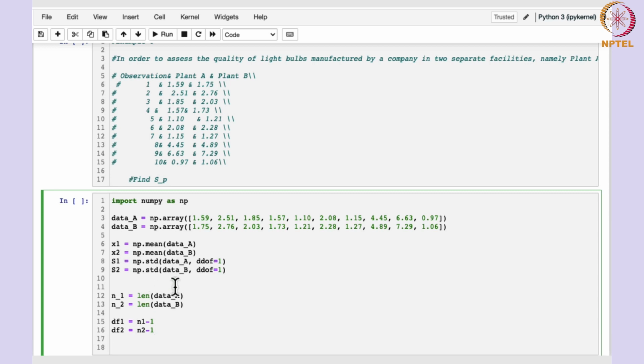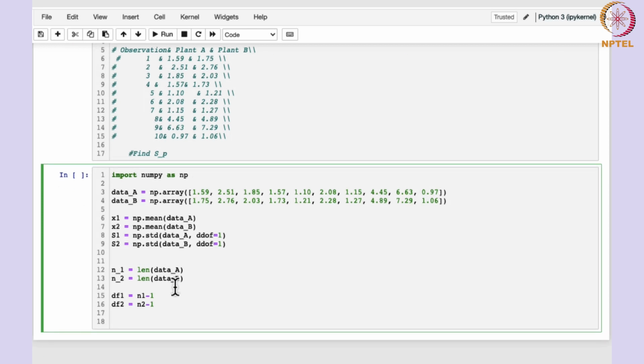Now you can calculate the pooled standard deviation. What is the formula? If you are finding the standard error, then it will be a square root. Otherwise, Sp square is the degree of freedom, right? (n1 minus 1) into S1 square plus (n2 minus 1) S2 square, divided by n1 plus n2 minus 2.